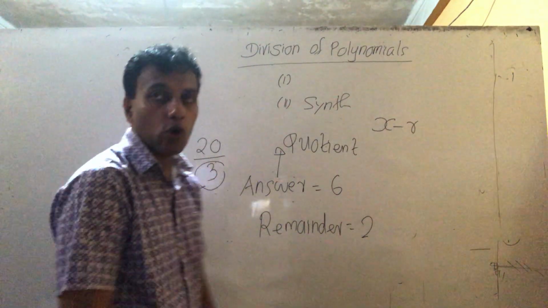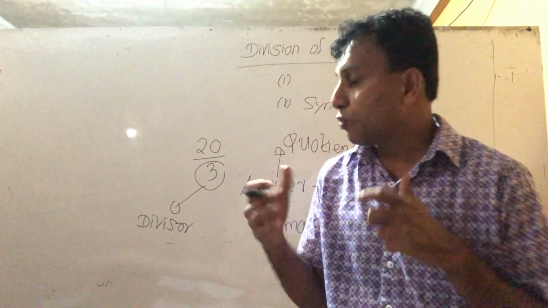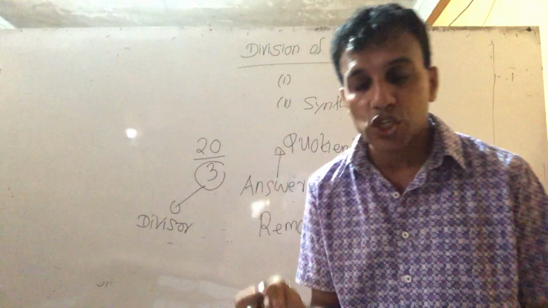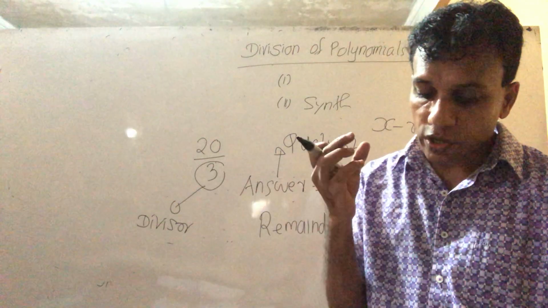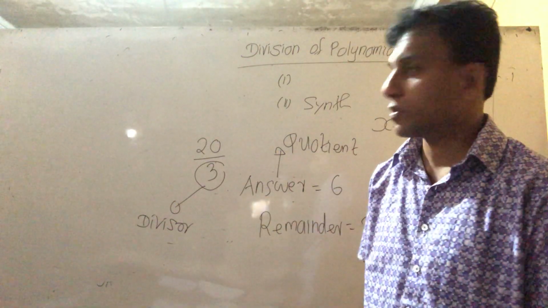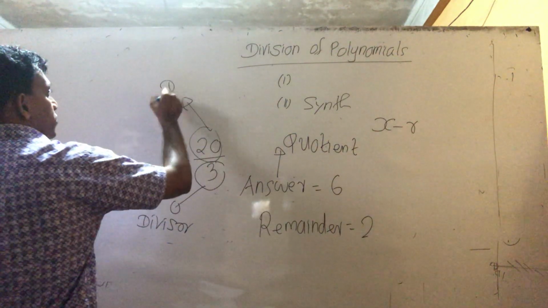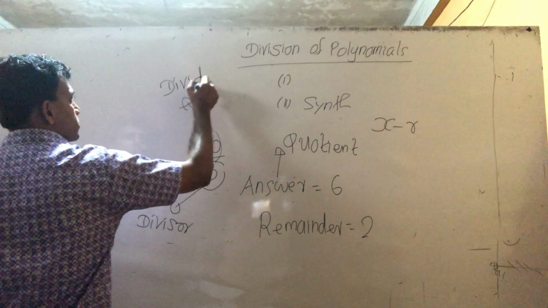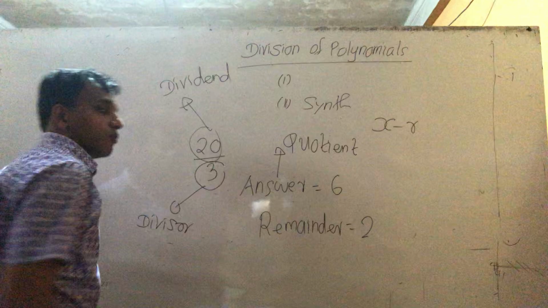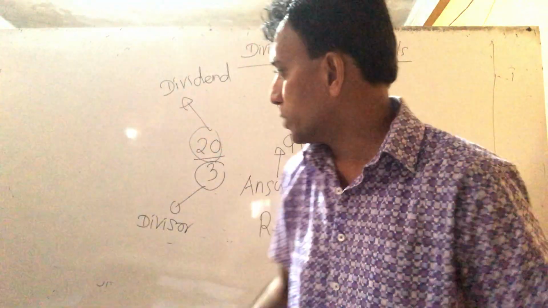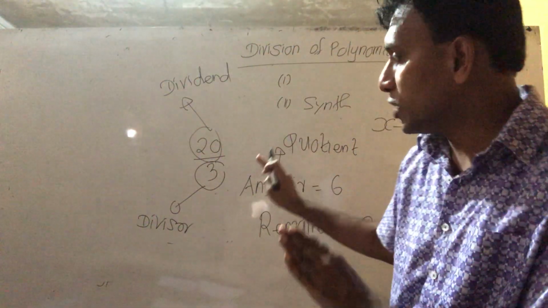This 3 we call the divisor. What you divide by, that expression or that number, we call the divisor. And this 20 we call the dividend, right? Dividend.